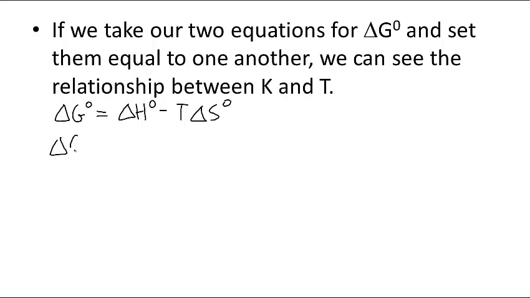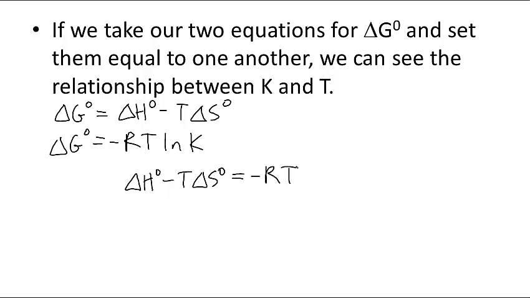We also know that delta G naught equals negative RT ln K. So sometimes it's going to benefit us to put those two together and know that delta H naught minus T delta S naught equals negative RT ln K. And we can use that to find the relationship between T and K. I could do a mathematical derivation and come up with an equation relating temperature to K, but I'm going to skip that for right now.